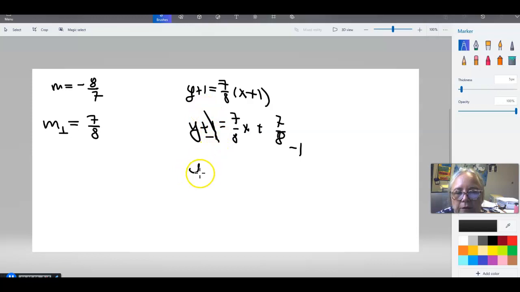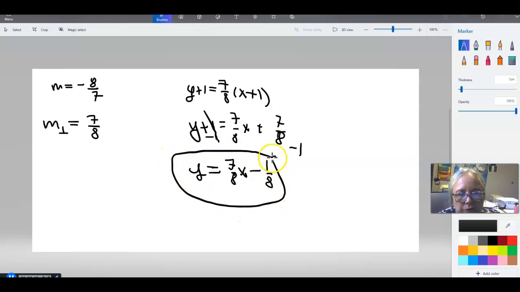So y equals 7/8 x, and again 1 is 8/8, so if you subtract 7/8 and 8/8 you get negative 1/8. So this is the equation of the line which is perpendicular to the line that we had at the beginning.